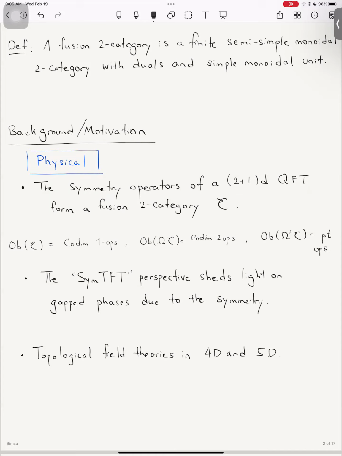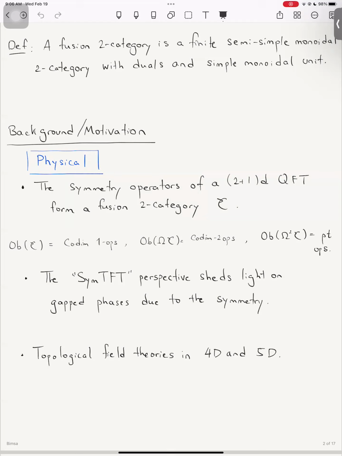To break this down, if we take a fusion 2-category and call it C, then the objects of C are the codimension 1 operators in 2+1D, so these are surface operators. The morphisms are the codimension 2 operators, and then you have the point operators. These basically give you the 0-form, 1-form, and 2-form symmetries in 2+1D.